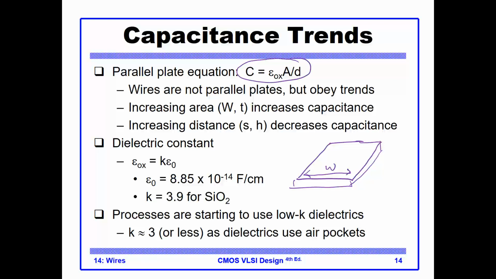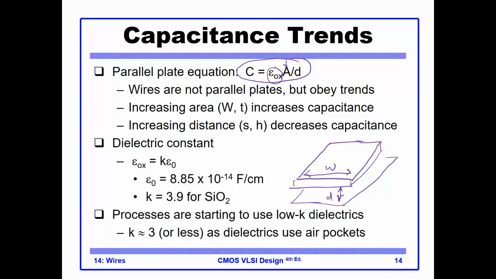The capacitance between this metal and the other metal underneath it or on top equals epsilon, the dielectric constant for the isolating material, times the area divided by the distance, and the distance is the thickness of the isolating material between the two metals.